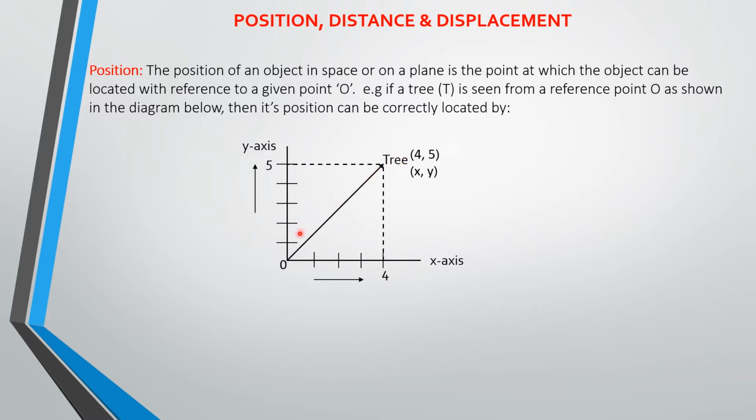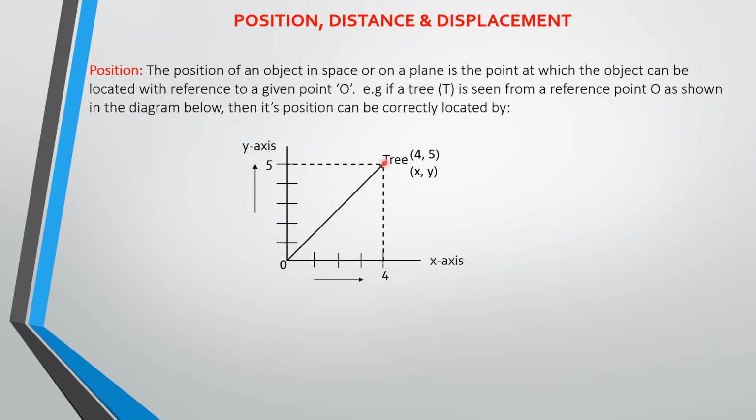Then you have your X and your Y coordinates. If you want to locate the position of this tree, you draw perpendicular lines from this point to this on the y-axis, then from this point to this point on the x-axis. Where these two lines intersect will give you the position of the tree.